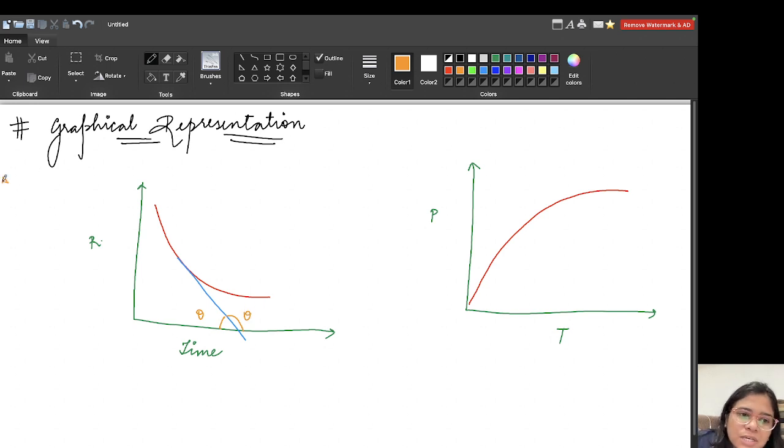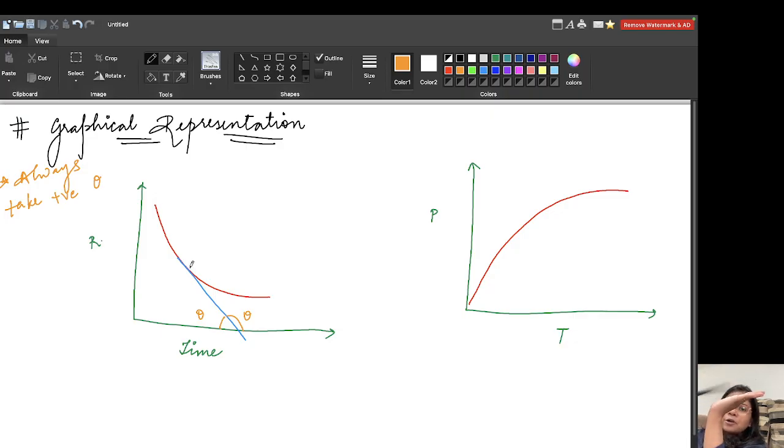Always remember, always take positive theta. Now, how will you find which is positive theta? I'll tell you a trick. Take your hand, wherever you have your line, like this blue line, just place your hand like this.